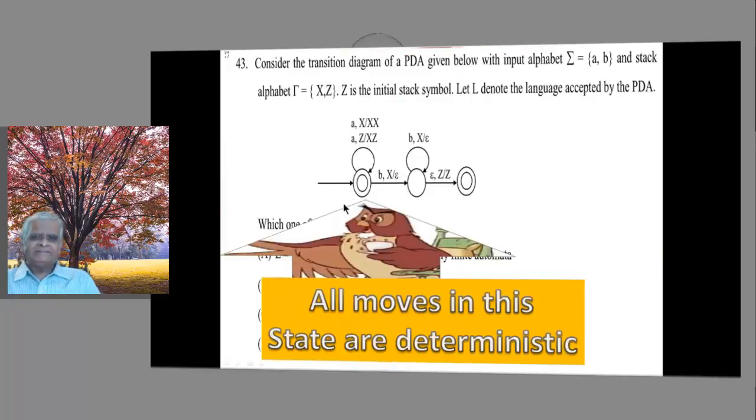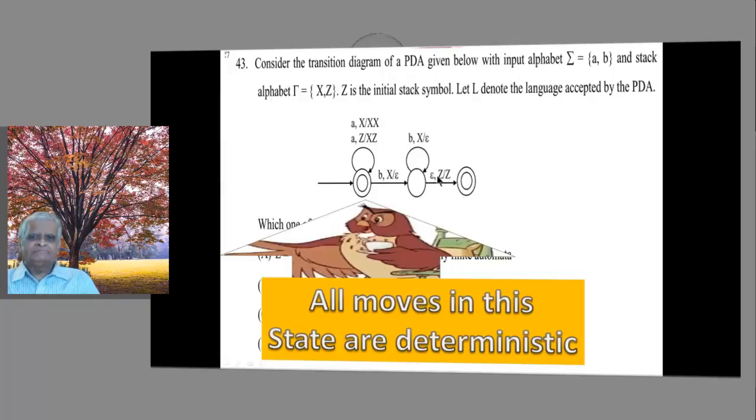Now, if I examine this push-down automata in this state, a on input X and a on input Z, the behavior is clearly defined and different. b on input X, b on input Z, behavior is defined and different. In this state, a cannot come in. b on input X, clearly a move is there. b on input Z clearly is rejected.